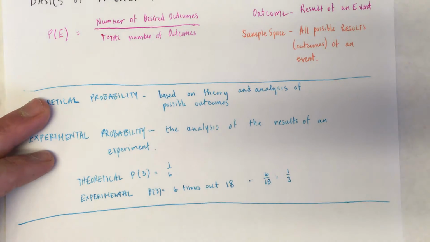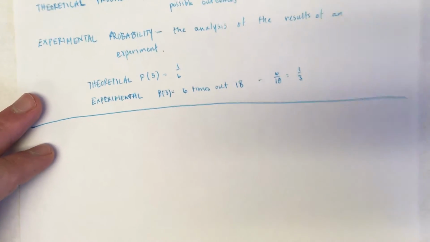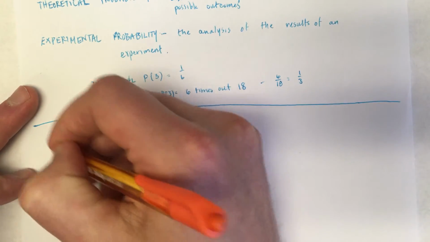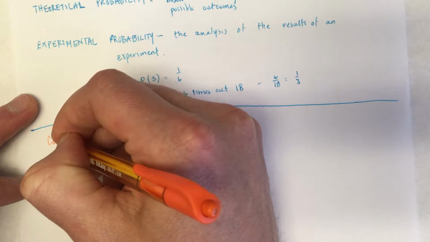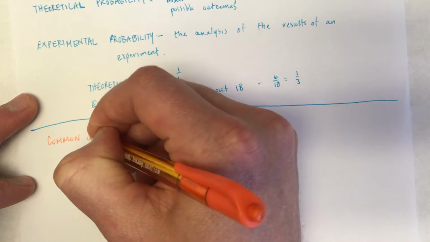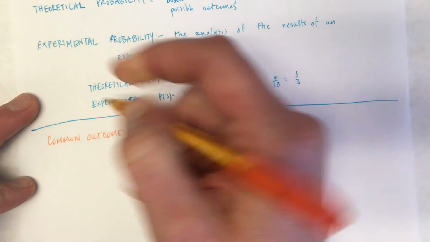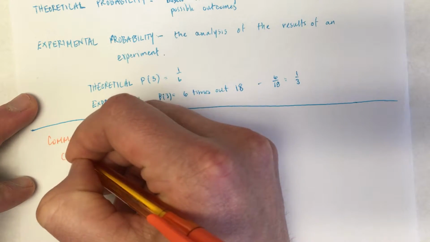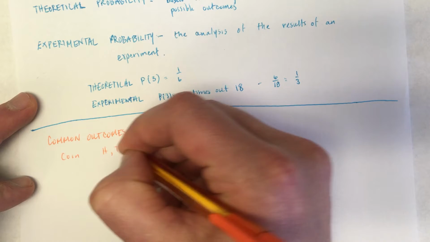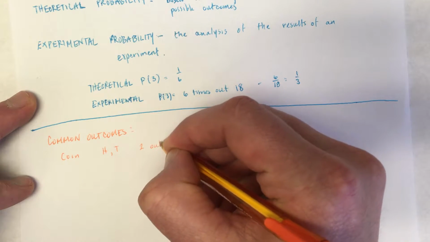To help us with theoretical probabilities, we often have to understand very common outcomes. So, common outcomes. Flipping a coin: the coin has a head or a tail, so there are two outcomes.